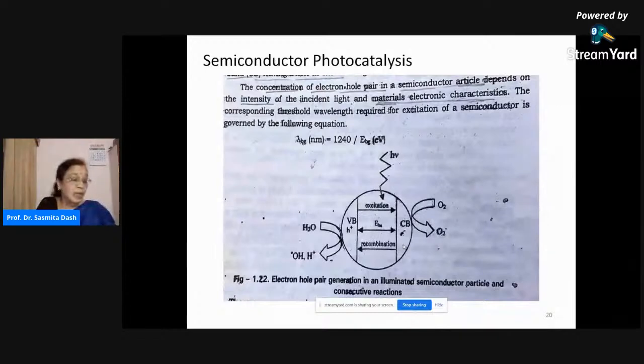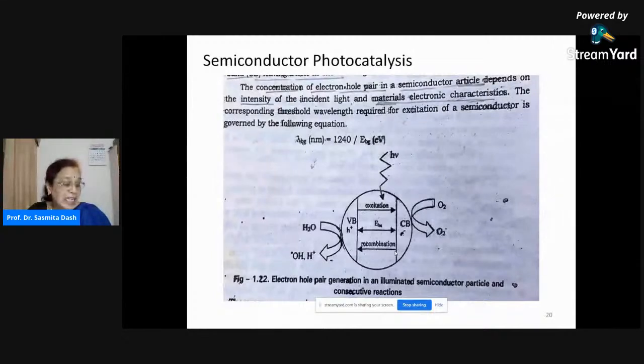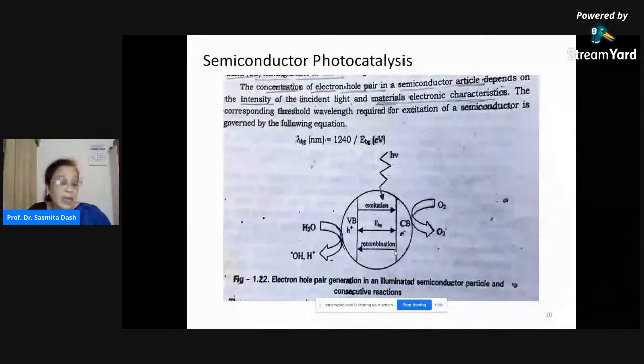There are many semiconducting materials which are commercially available and investigated as photocatalysts, but only a few of them are suitable for efficiently catalyzing the photodegradation of a wide range of organic contaminants. Some examples of semiconductors are tin dioxide, titanium dioxide, zinc oxide, zinc sulfide, cadmium sulfide, iron oxide, ferric oxide, and tungsten oxide.